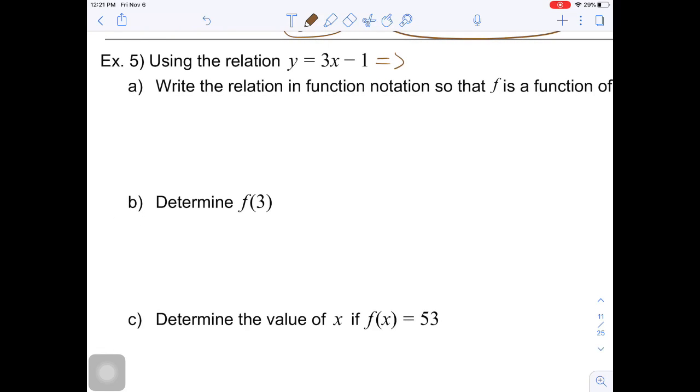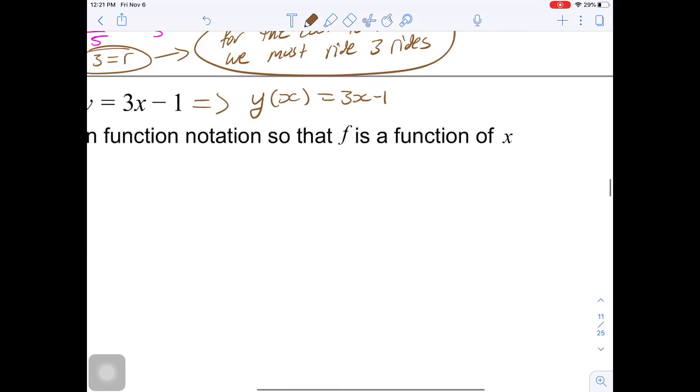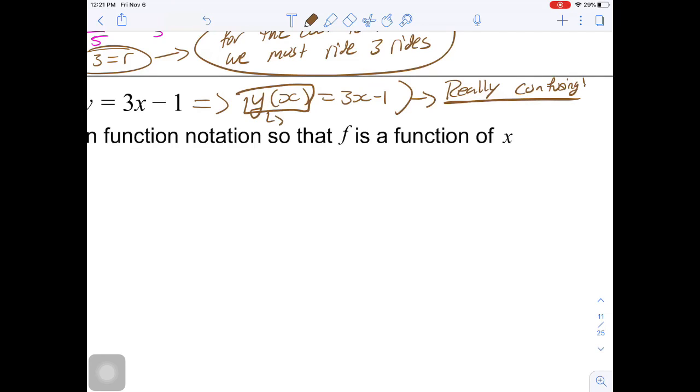So here, if we follow the same thinking, we could put y of x equals 3x minus 1. Why do we not use this notation? Because this is really confusing. This is often why mathematicians, if they have a y, just replace it with f, because putting y of x gets really confusing since it seems like y times x, which is not what it's supposed to be.